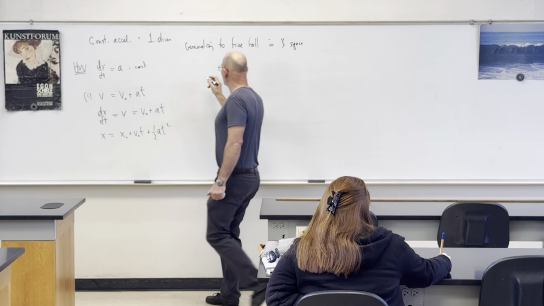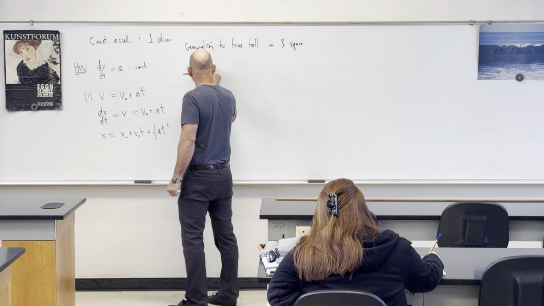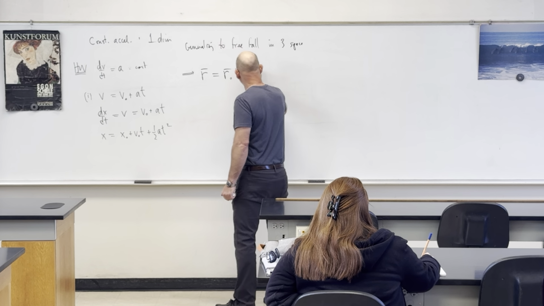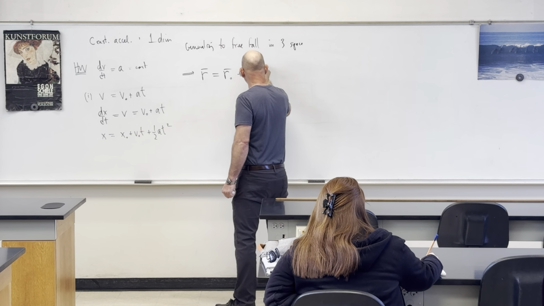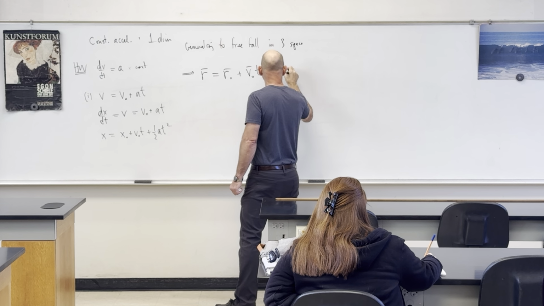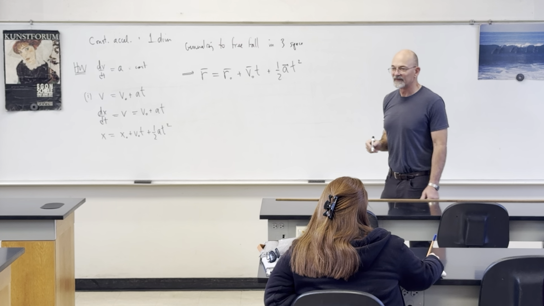Then we can say r equals r0 plus v0 t plus 1/2 a t squared. What do you guys think of that?